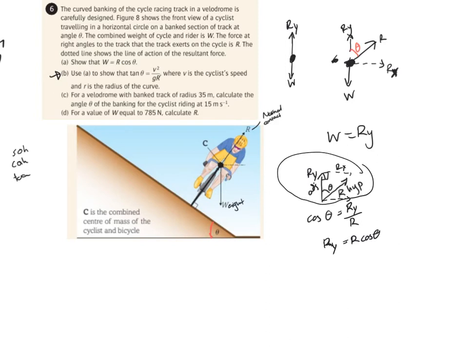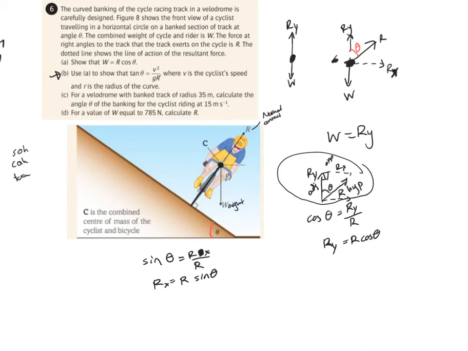So that will be opposite over hypotenuse, which is sine theta, is Rx over R. So now I'm confusing myself. So that means that Rx is R times sine theta.